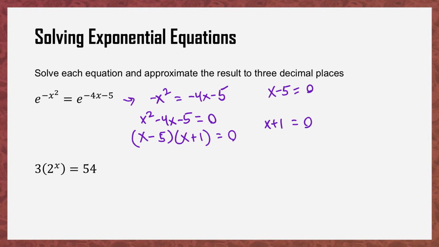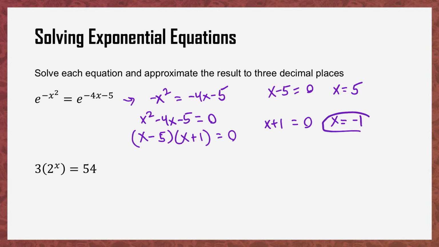For x minus 5 equals 0, x will equal positive 5. That's great. And x plus 1 equals 0, x will equal -1. That is also great. Since this is not a logarithm, I can have negative exponents. That's totally fine. Those are my two answers.